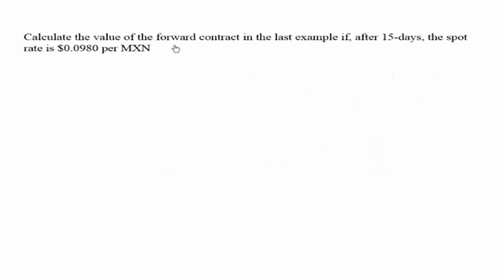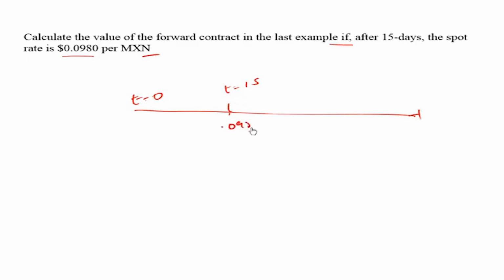Calculate the value of the forward contract in the last example if after 15 days the spot rate is $0.098 per Mexican peso. So the short counterparty, let's assume, is short the Mexican peso. So at t equal to 15, the rate has moved to $0.098 US dollar per Mexican peso.